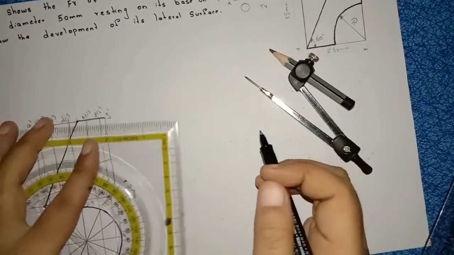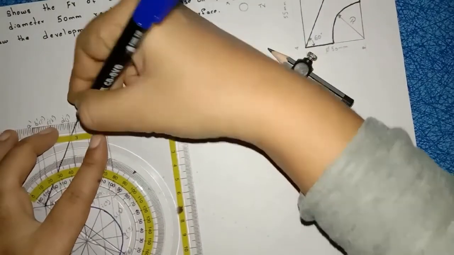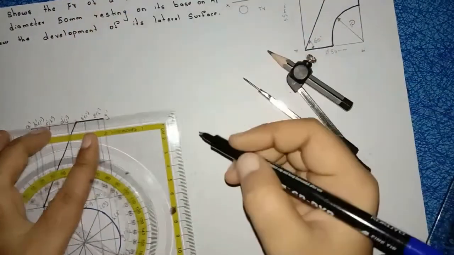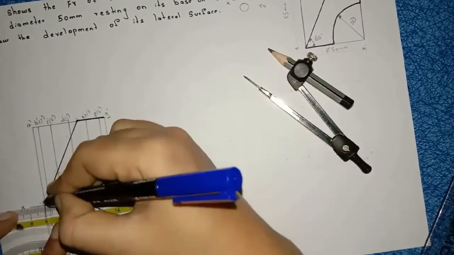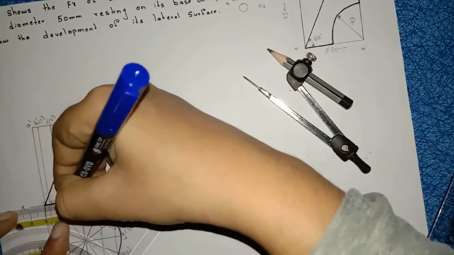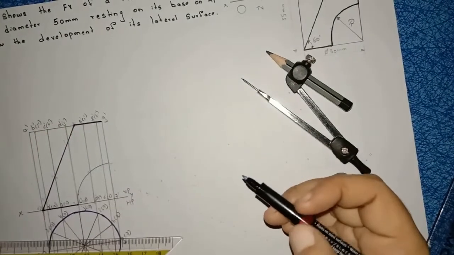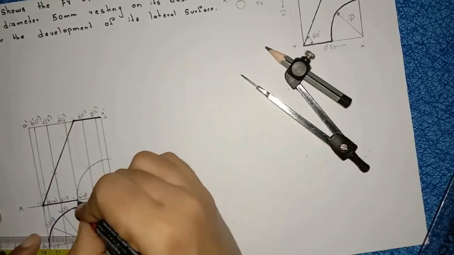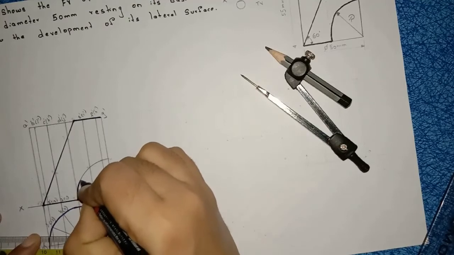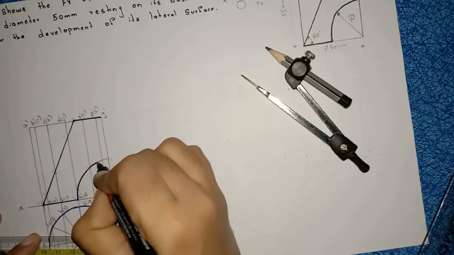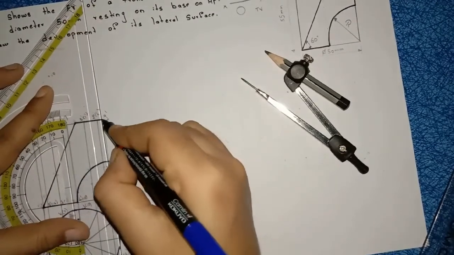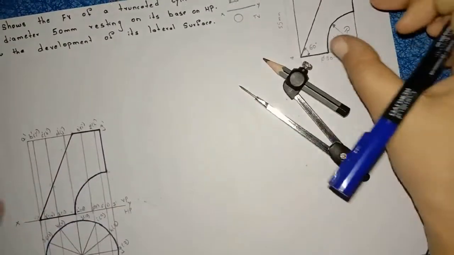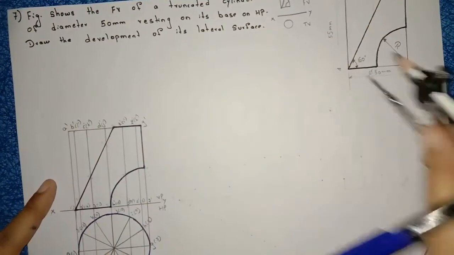After that, this is a horizontal line, so I am marking a horizontal line here. Then from here you should construct a horizontal line till the axis line. So I have constructed till the axis line. Now this is the radius of the cylinder, 25 mm. Right, and now join this one. See, we have constructed the same front view here.